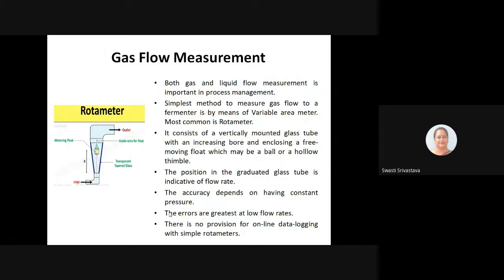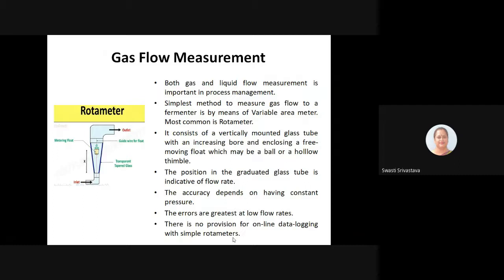Ideally, rotameters should not be sterilized and are therefore normally placed between a gas inlet and a sterile filter. The metal tubes can be used in situations where glass is not satisfactory.